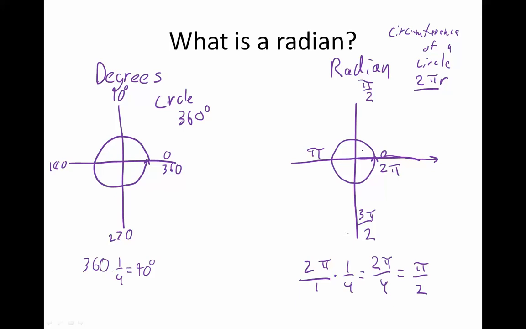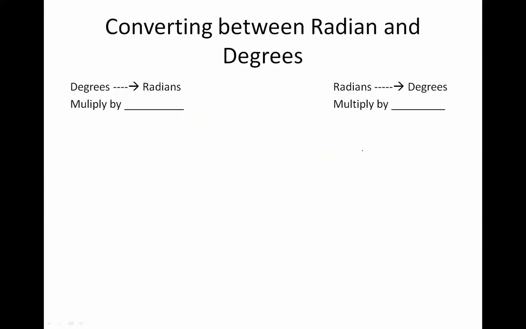Let's talk about how we convert between radians and degrees. If you want to convert something from degrees to radians, multiply by pi radians over 180.